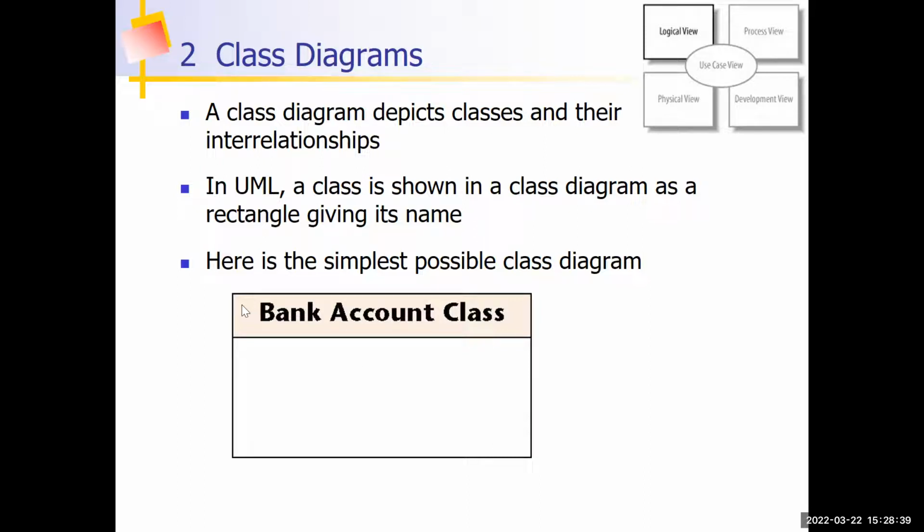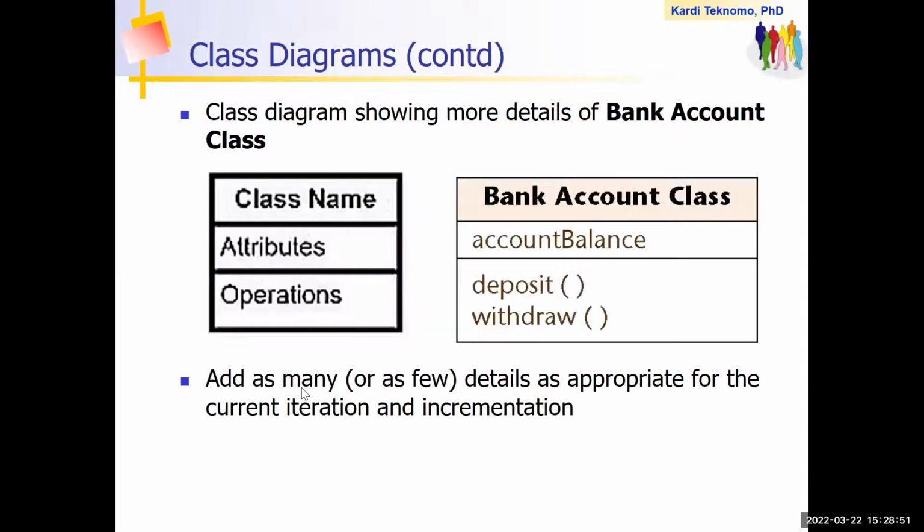So how do you draw a class diagram? Very simple. You just put, for example, the bank account class. This is the class name, and then just a box like this. Now remember, a class consists of two things: data and methods, meaning attributes and operations. So then you need to design the data, the attributes.